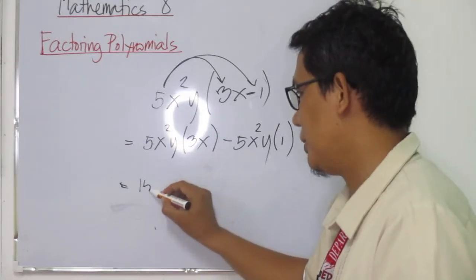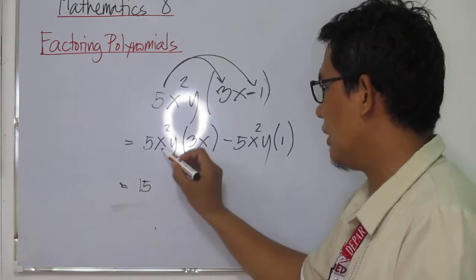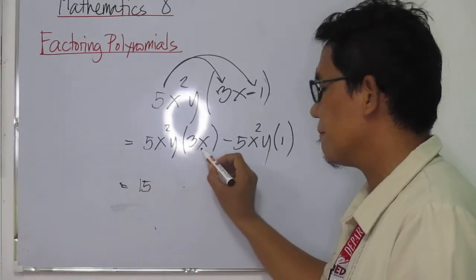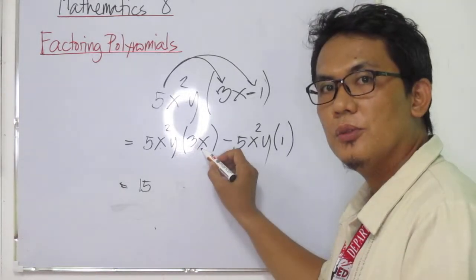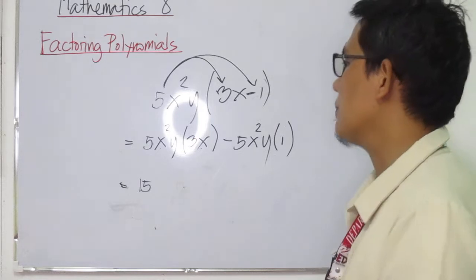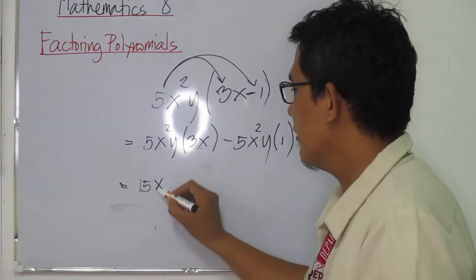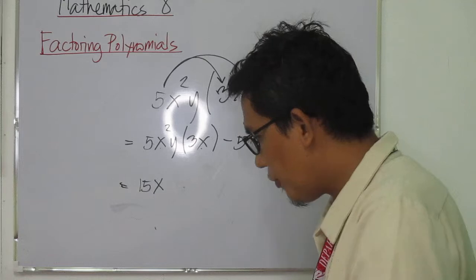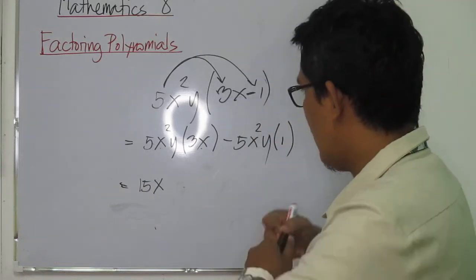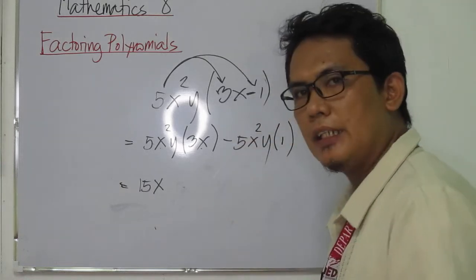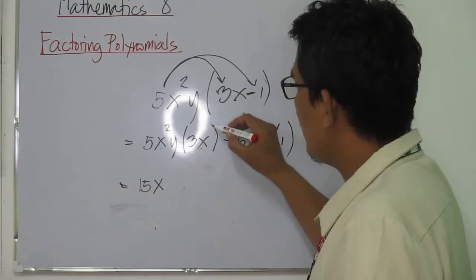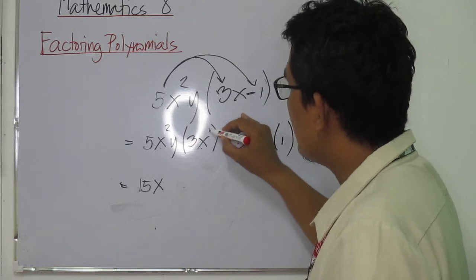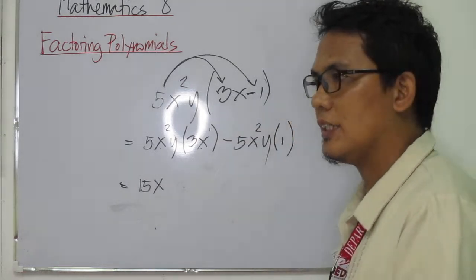What is 5 times 3? 15. Very good. And we're going to multiply our x with our x. Again, yes, we're going to add the exponents. So that becomes 15x, what is the exponent? And again, remember, if you have a variable that is not bearing an exponent, that means the exponent of that variable is 1.